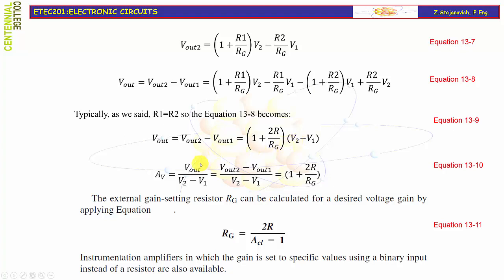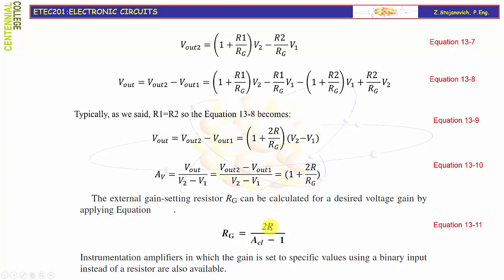Now we can finally evaluate the overall voltage gain of the instrumentation amplifier as a ratio of Vout2 minus Vout1 divided by V2 minus V1, which is directly given by equation 13-9 as 1 plus 2R over Rg. The external gain setting resistor Rg can be calculated for the desired voltage gain by solving this expression 13-10 for Rg.